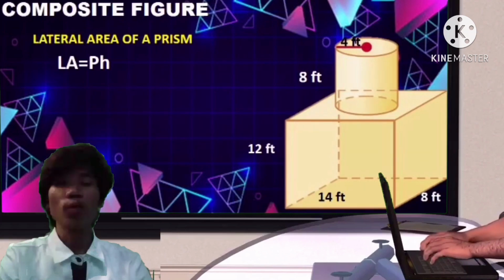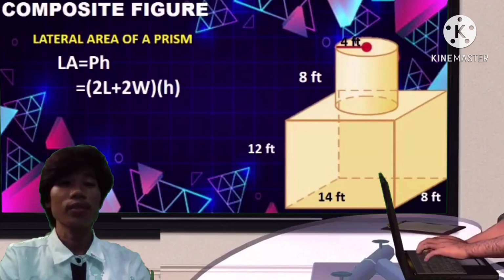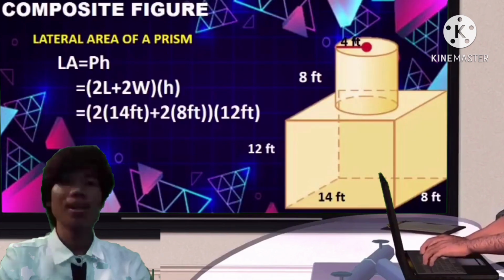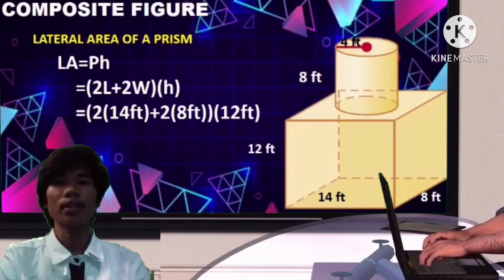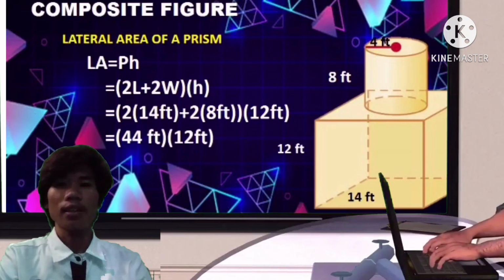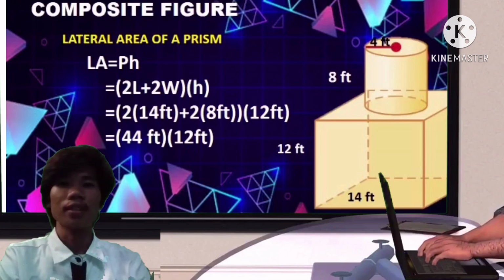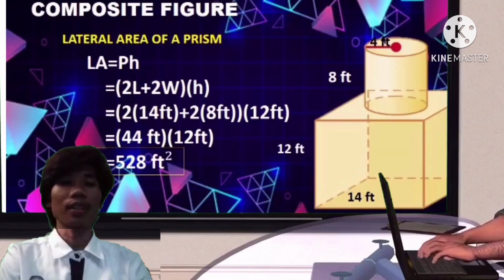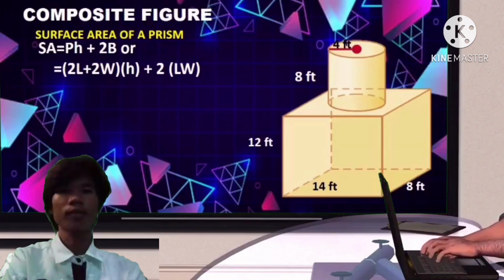So we have P equals 2 times 14 plus 2 times 8, and we have 28 plus 16. The perimeter is equal to 44 feet, and we will use it in solving the lateral area. The lateral area of the rectangular prism is 528 feet squared.